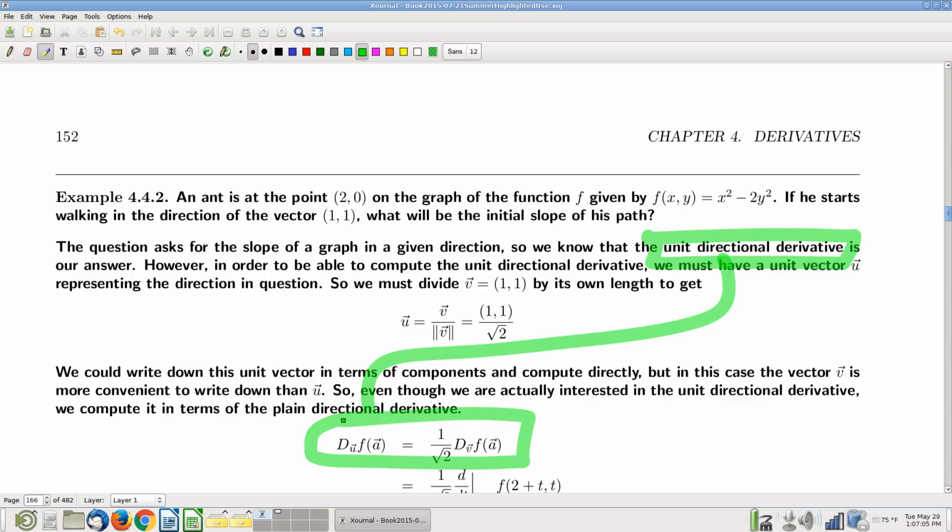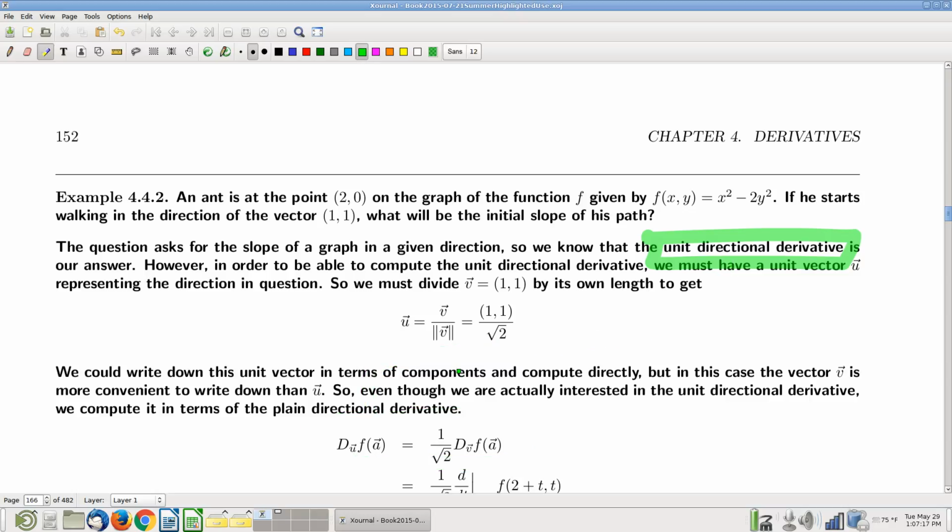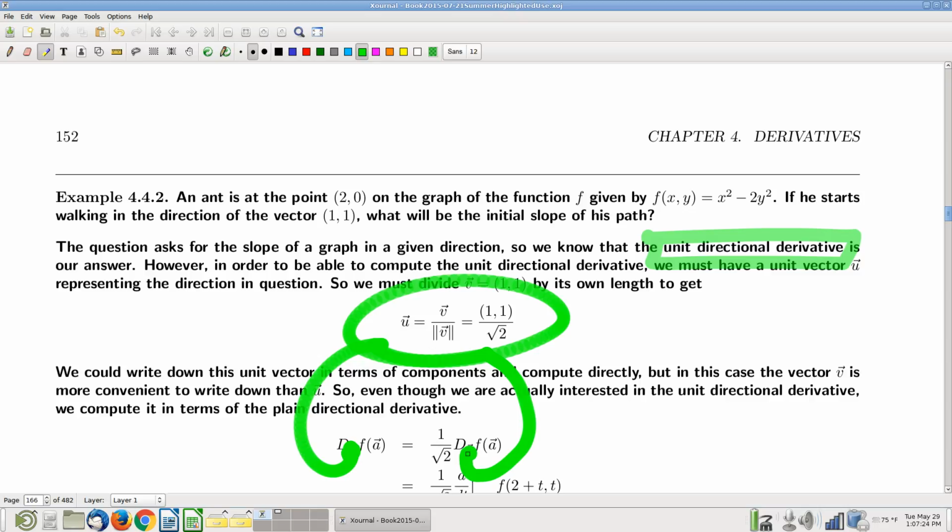I'm going to compute the unit directional derivative by instead giving myself the convenience of computing the directional derivative directly, and then dividing by the square root of 2, per this formula. So u being v divided by the square root of 2.